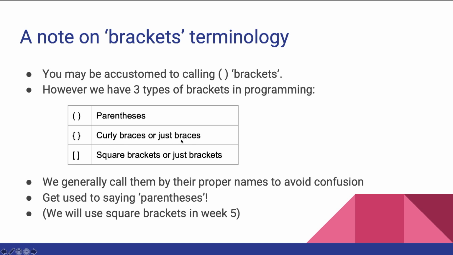It's enough to say braces because nothing else is called a brace. And these ones are the only ones you can really call brackets, but we often refer to them as square brackets. I prefer to use just parentheses, braces, brackets.